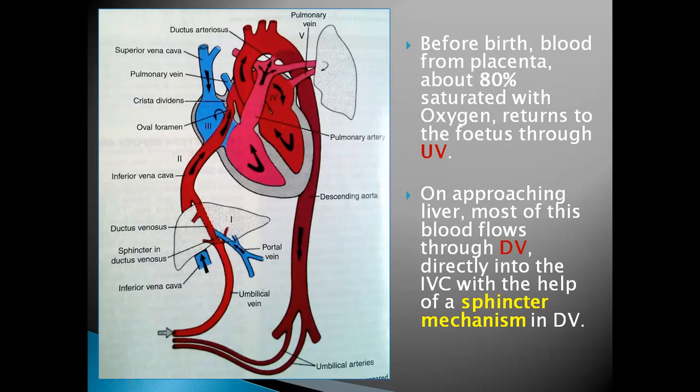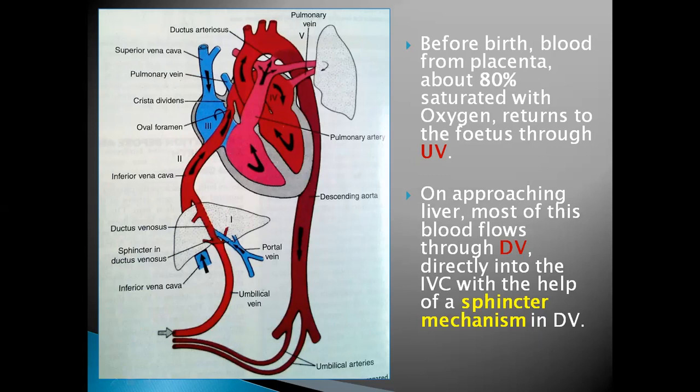Then what happens? Sphincter mechanism. Here I wrote with a yellow color because it is important. On approaching the liver, most of this blood flows through the ductus venosus directly into the infravena cava with the help of a sphincter mechanism in the ductus venosus.